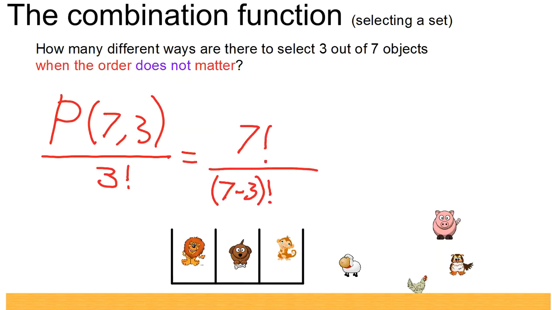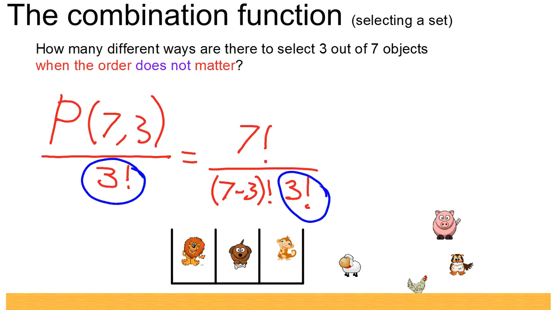Okay, and then multiply that by 3 factorial. That second multiplication was because this 3 became this 3.